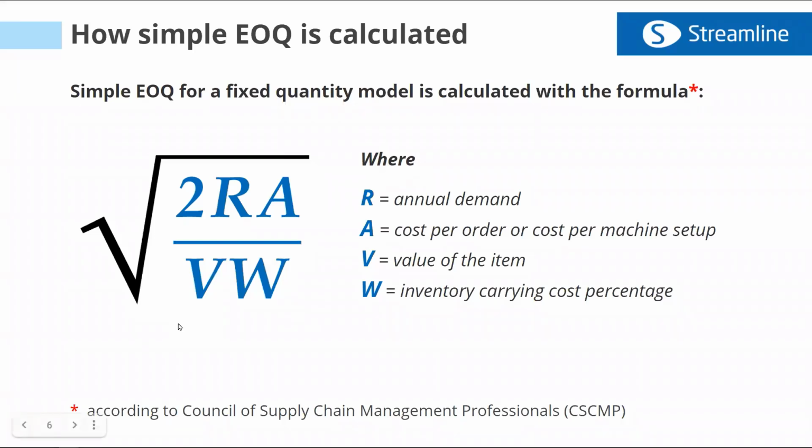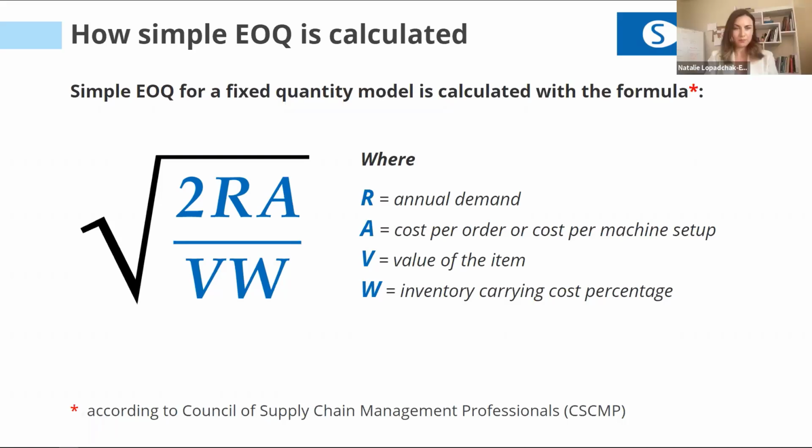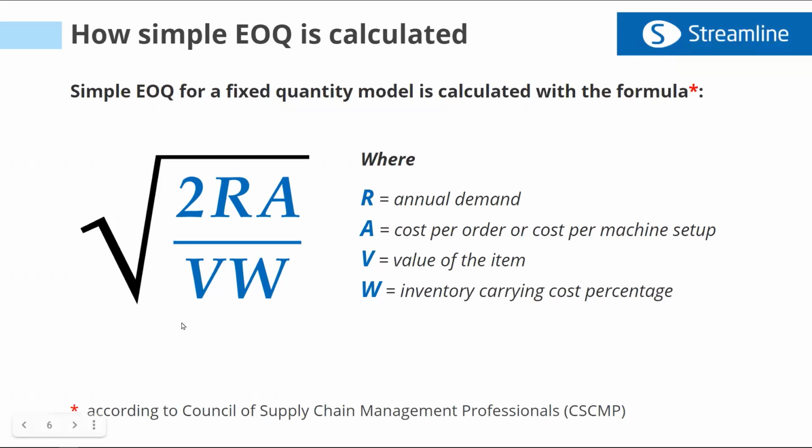Of course, the larger the value of items, the smaller the quantity this formula will recommend to purchase, and the higher the demand we have, the larger the quantity recommended by this formula. Unfortunately, it doesn't take into account seasonality. So our EOQ during a low period will be completely different from the EOQ during a high period for a product.